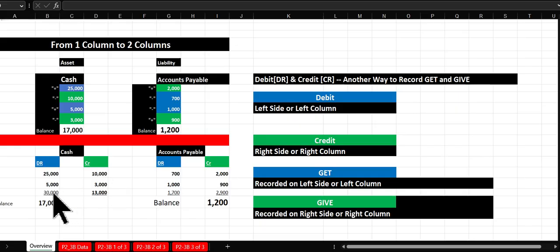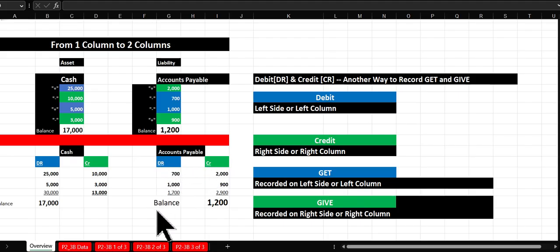So here I had 30,000 total that was recorded on the left or the debit side, and I had 13,000 that was recorded on the right or on the credit side. And therefore, the difference between these two, the balance, the amount needed to make the two sides equal, is $17,000. Same thing happens with the accounts payable.